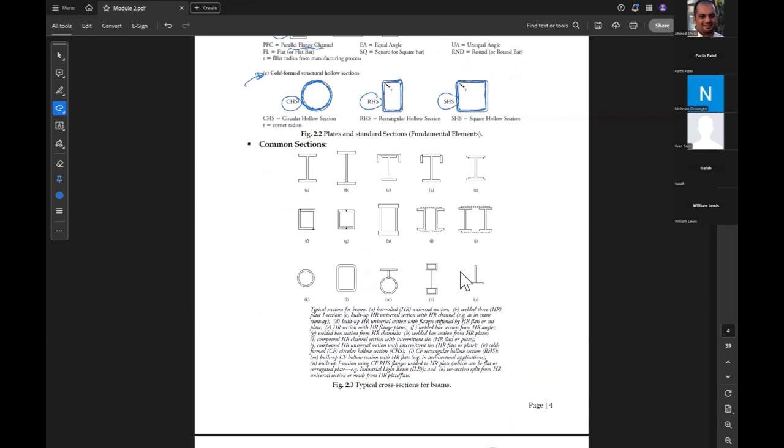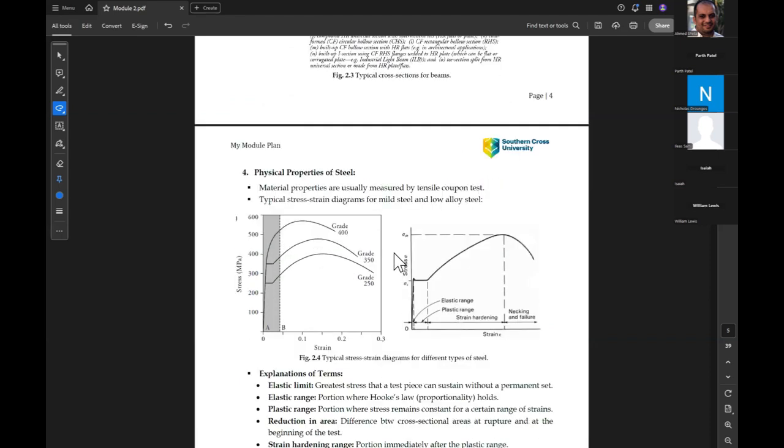Okay, here are some common sections used for beams. Like again, UB, WB, and this is some compound sections. Okay, so these are some examples of the available sections in the market.